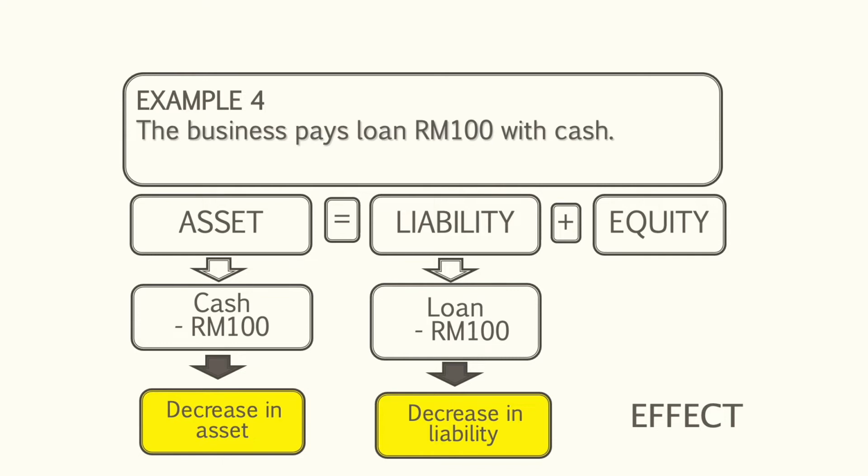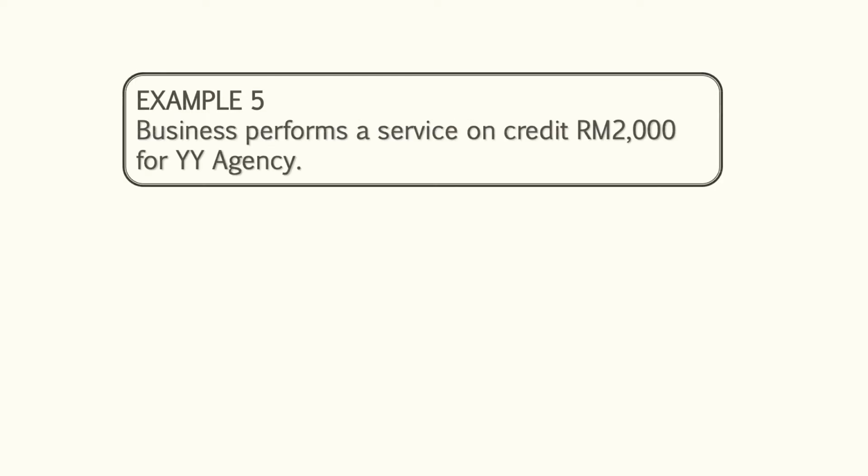So let's go to example number 5. The business performs a service on credit, RM 2,000, for YY agency. So the business performs a service, and we give the service on credit, on credit, secara hutang.